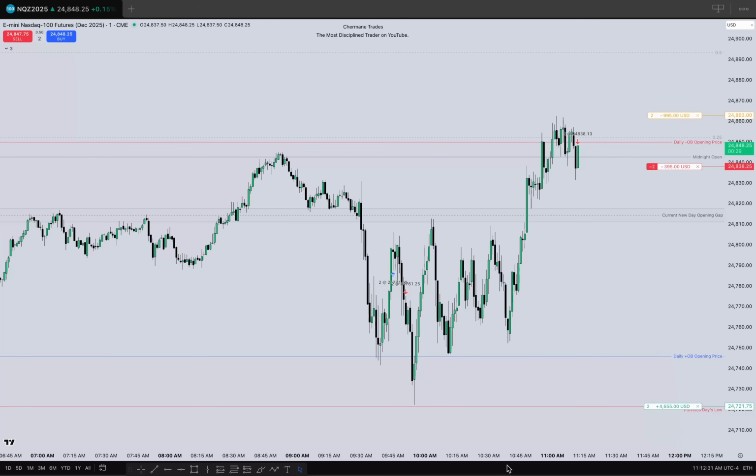So we've traded into a daily bullish order block. I'm looking at that opening price, which comes in at around 24,850. I like how we have this small intermediate term high with a short term high here and a short term high here. Very small fractal, but this highest high right here has two lower highs on the left and on the right.